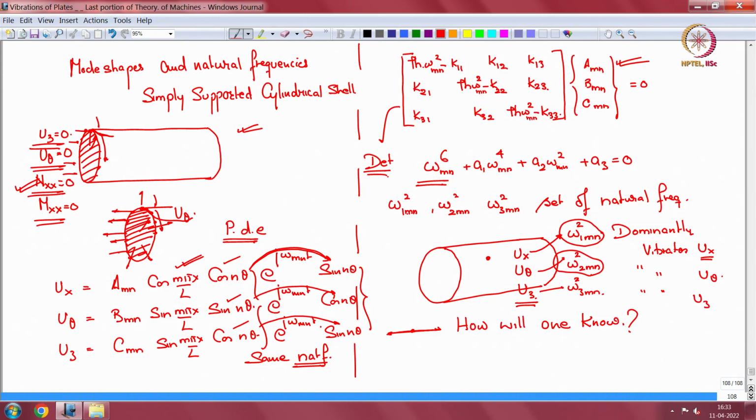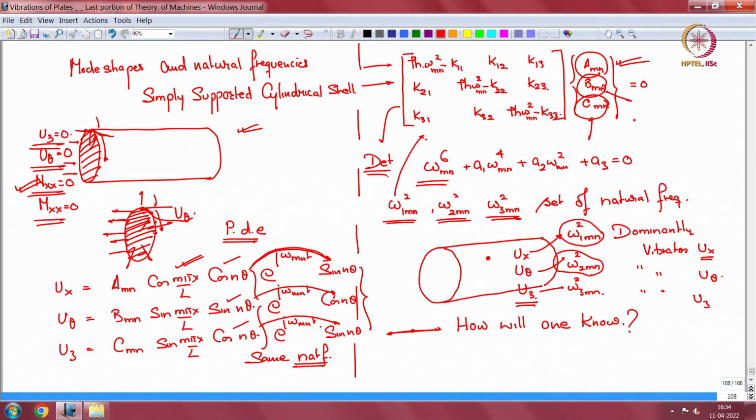The way to know is once you have your natural frequencies, these are now in a closed form. If you look at the textbook, you will get the closed form equations and you can plug them in MATLAB. If you plug in any one of this set, since it is an eigenvalue, the matrix is singular, which means you can use any two of the equations. So you could represent CMN and BMN in terms of AMN.